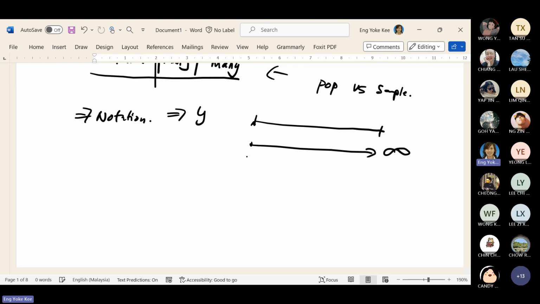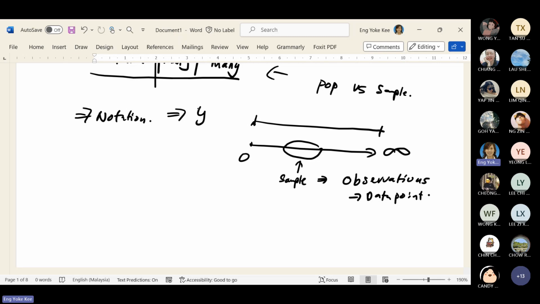For time series data, 0 to infinity means what? If you are looking at the GDP of a country, your population is day 1 until the future. It's never ending for countries. So you only get a sample here. This is your sample, this is what you observe. The term that we use is observation. In other words, this is your data point, sample data.